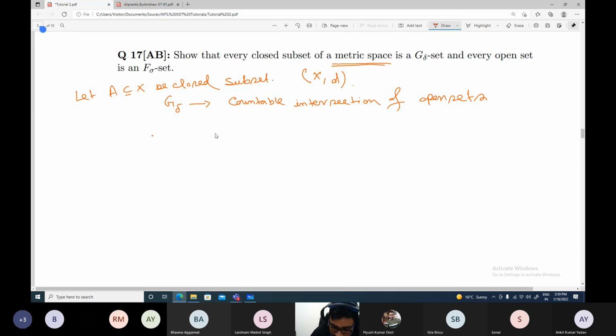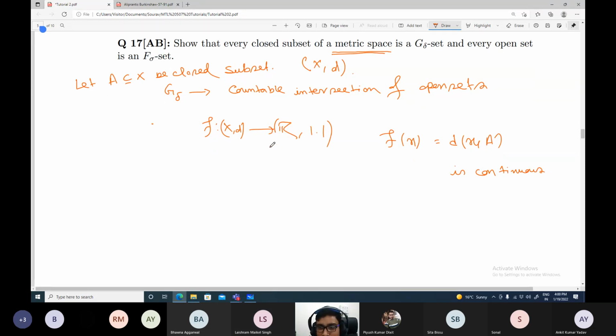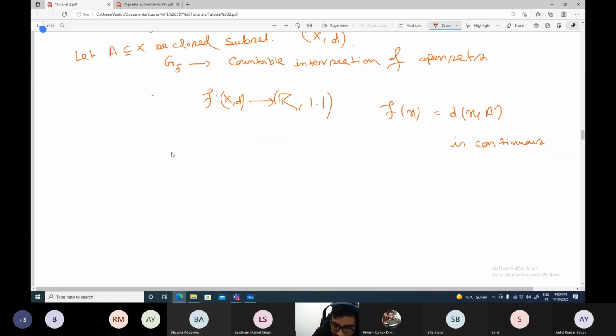Now, do you know that the function f from X to R, or more precisely from (X, d) to R, defined by f(x) equals d(x, A), is continuous? Do you know this one? Yes, sir. We just need this fact only. Okay, so once this one is continuous, then the inverse image of a closed set is closed. We know this one.